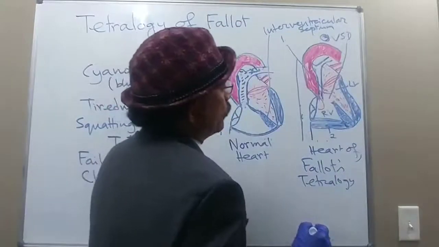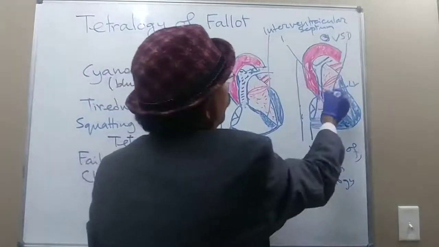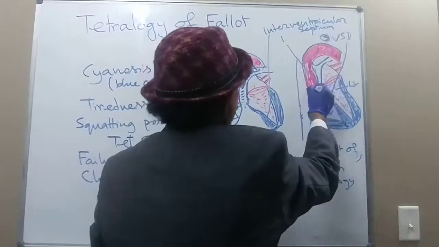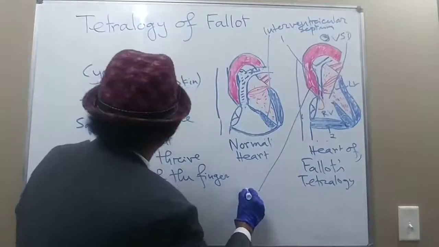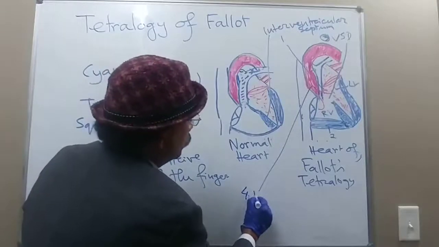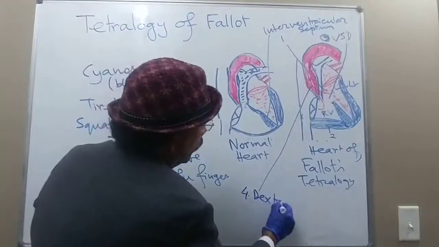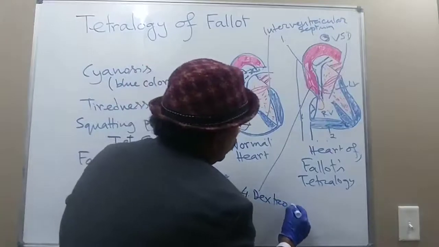And juxtaposition and overriding of the aorta, that is number 4.